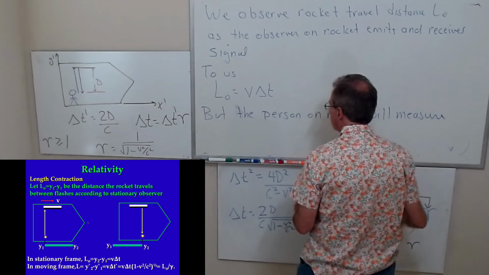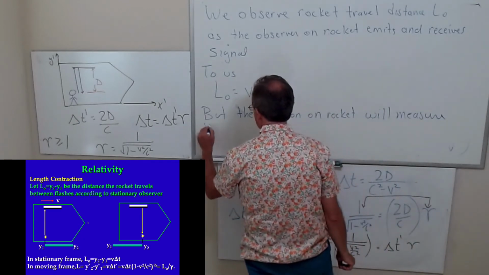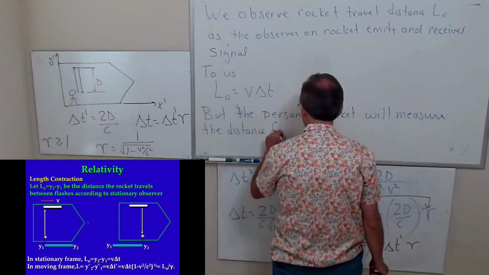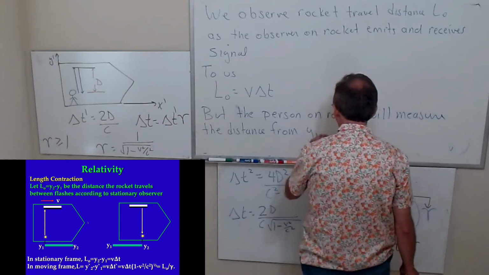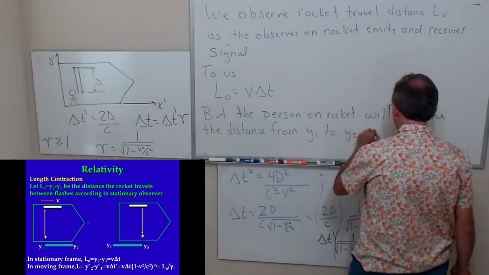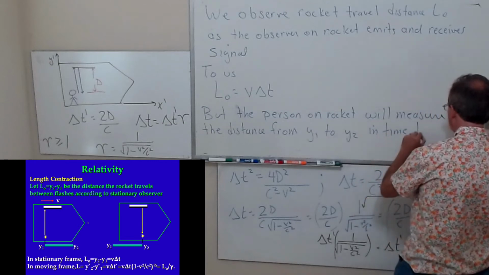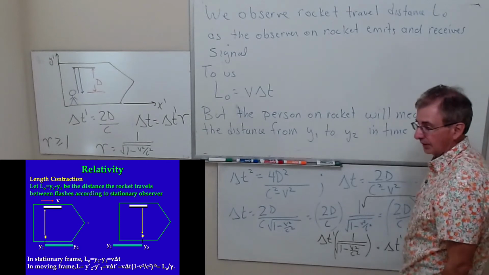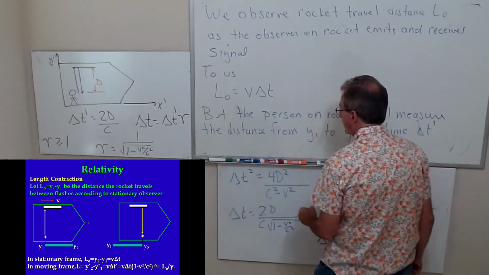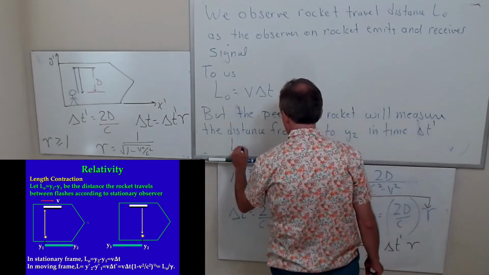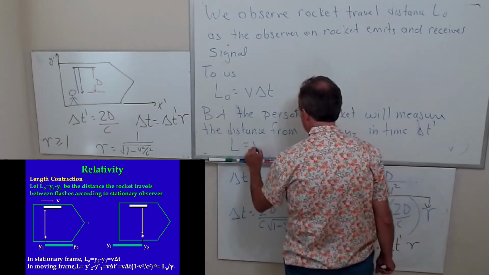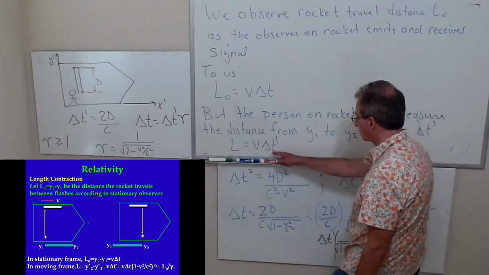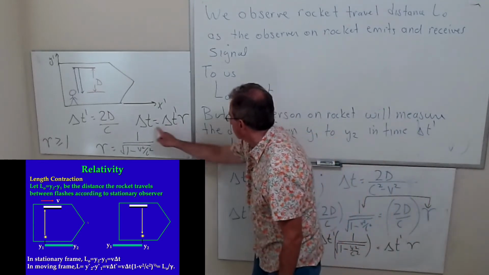The person in the rocket will measure the distance from y1 to y2 in time delta t prime. And so that person measures L equal to v delta t prime. But delta t prime is delta t over gamma.